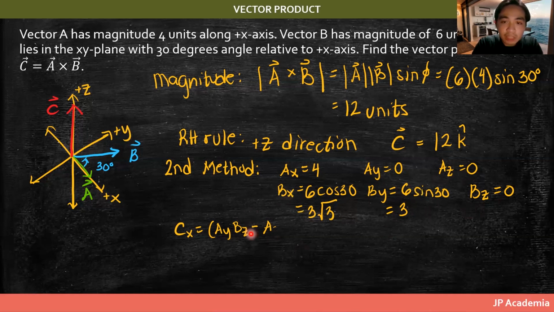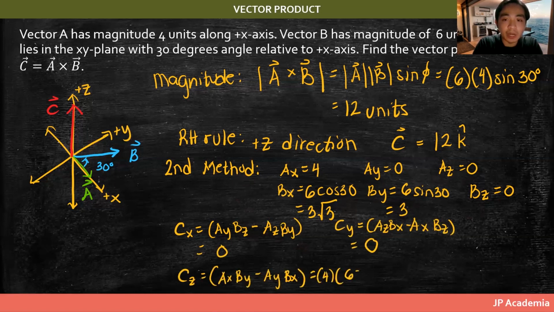So given these values, pwede mo gamitin itong formula na to get the components for C sub x, C sub y, and C sub z. Then, kung medyo marunong ka kumuha ng determinant, may definition din to based sa linear algebra. Then you will get the same magnitude which is 12 units along the z. So C sub z is equal to 12 units. And therefore, yung vector C mo is equal lang din sa 12 k hat.